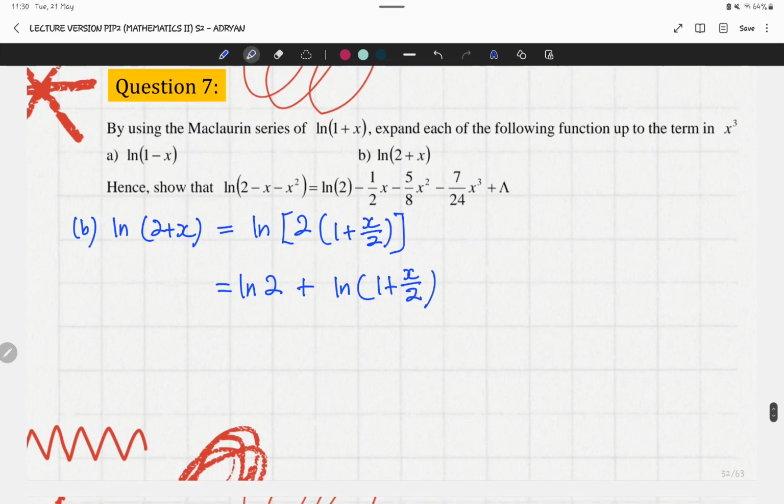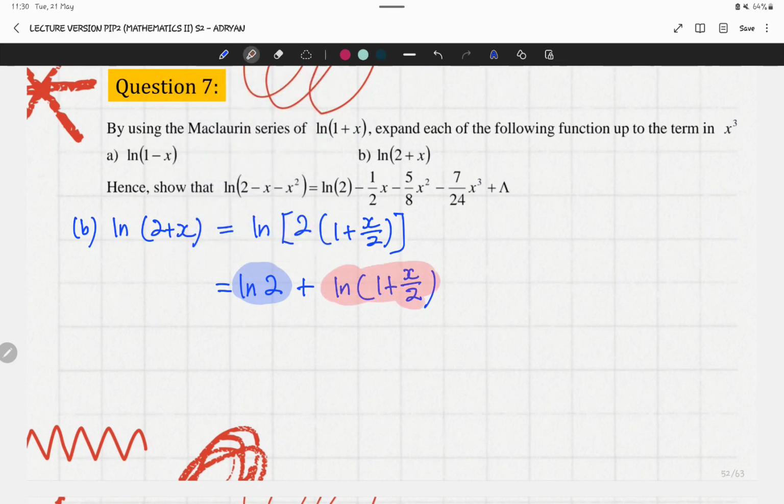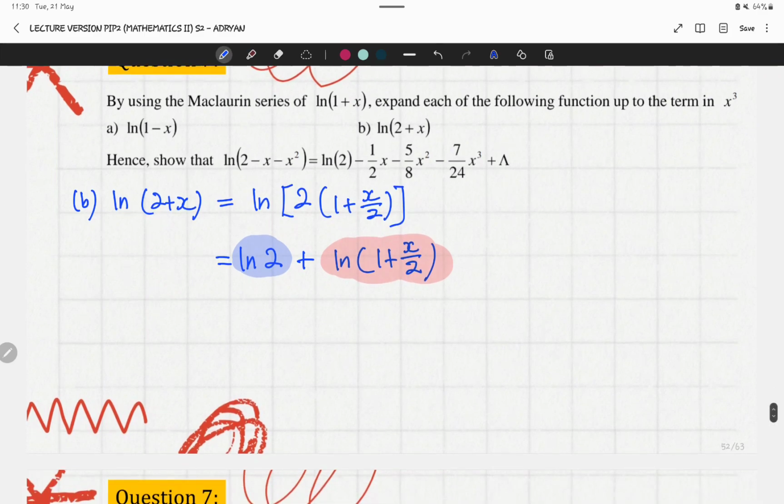Okay, ln 2 is a constant, so we don't touch it. But we need to expand the term ln(1 + x over 2). So now your a in 1 plus a would be x over 2. Expanding it, ln 2 plus, put a big bracket.